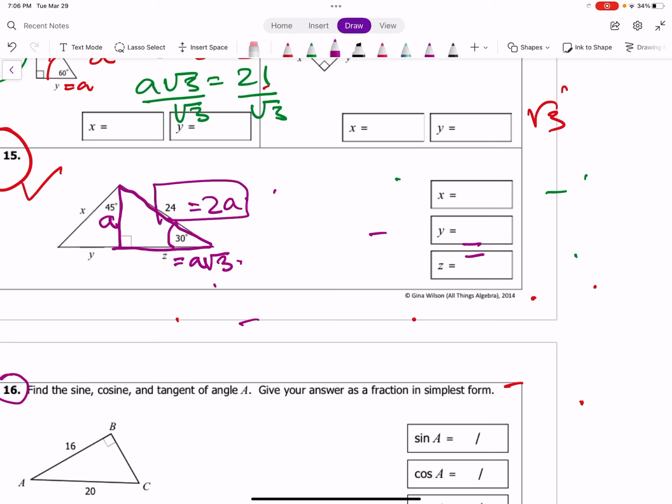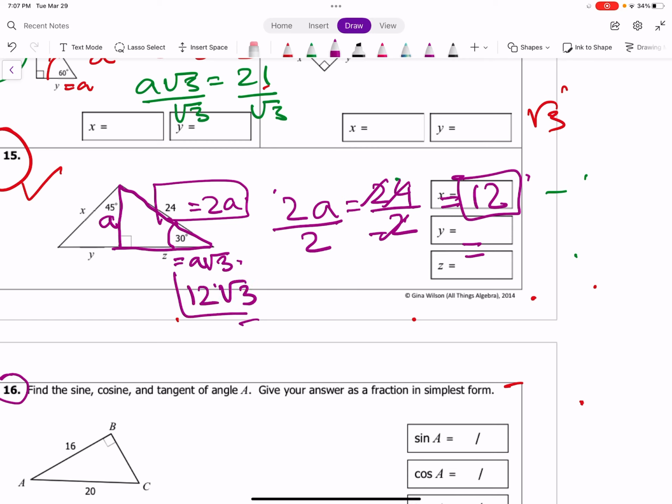So from here we get A as 24 over 2. Because there was 2A, we divide, and we get 12. So this side is 12 radical 3. That's our Z. So we say 12 radical 3, and now we have our A here.